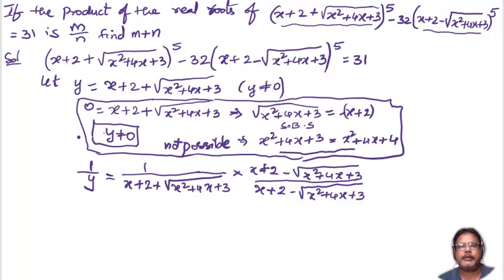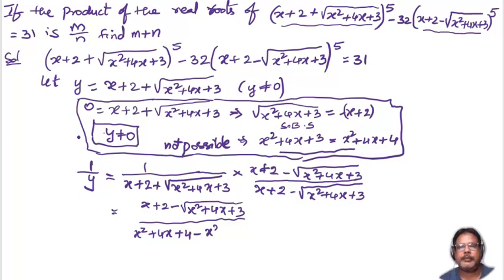The numerator will be x + 2 − √(x² + 4x + 3). In the denominator, (a + b)(a − b) gives a² − b², that is x² + 4x + 4 − x² − 4x − 3. The 4x cancels and x² cancels, so the denominator is 1.